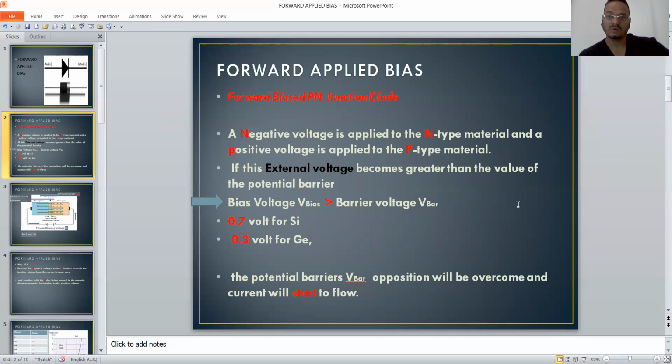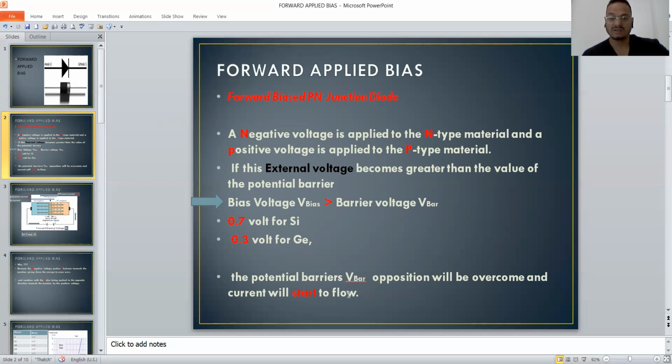The external voltage must be greater than the value of the potential barrier. That means the bias voltage, the external voltage, must be bigger than V_bar, the barrier voltage. Why? To make the potential barrier V_bar's opposition be overcome so that current will start to flow.